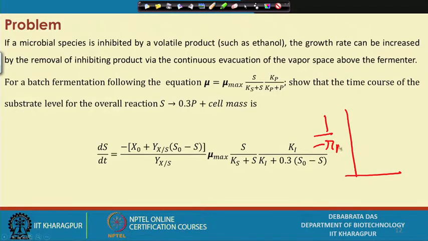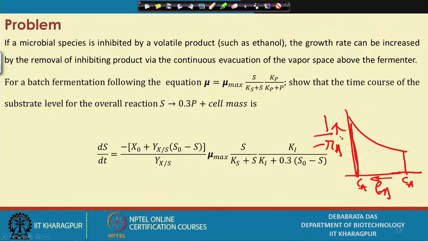Because we have seen that when you plot 1 by R A versus C A, we get this kind of plot. When the substrate is C A 0, and this is your C A, as the substrate concentration decreases, 1 by R A increases, which means R A decreases. Why does the rate of reaction decrease as substrate concentration decreases? Mainly due to product inhibition.